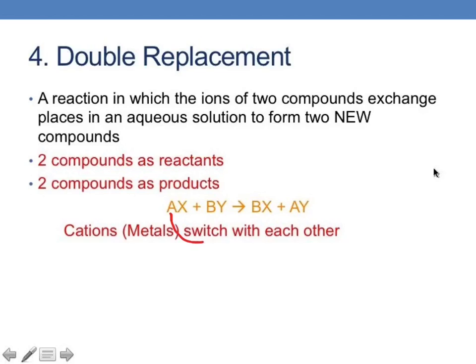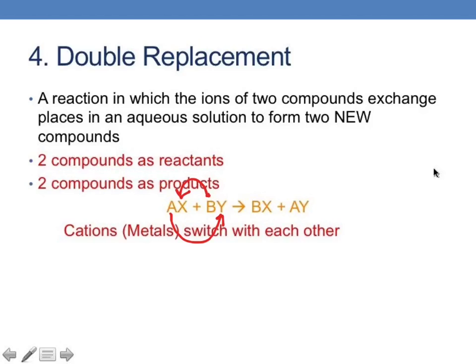So A will now hook up with Y, metal, non-metal. And B, which is a metal, is going to hook up with X, which is a non-metal. So the metals just switch places. I always draw arrows because I can see if there's 1 arrow or 2 arrows. 1 arrow, I know it's a single replacement. 2 arrows, I know it's a double replacement.